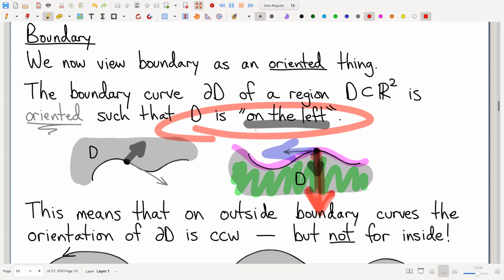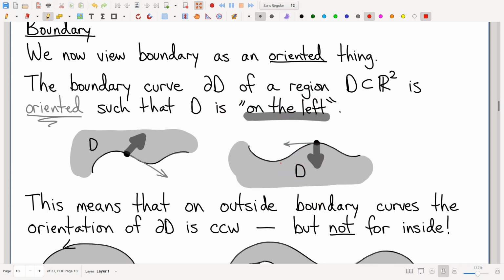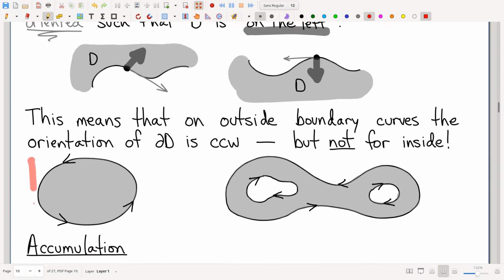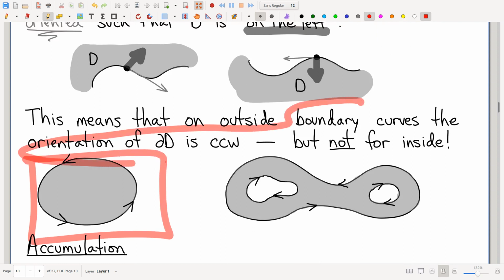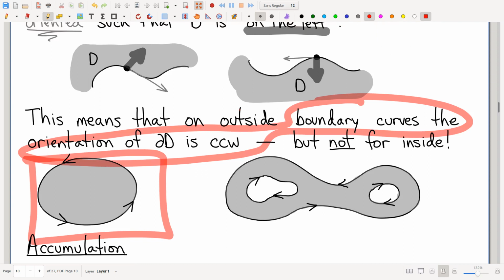Now here's another mistake that students will very often make, and that is to look at this picture here and say, oh, okay, it always goes counterclockwise. Because if you look at this kind of lumpy thing here, well, counterclockwise is the way you would go to have the region on your left.